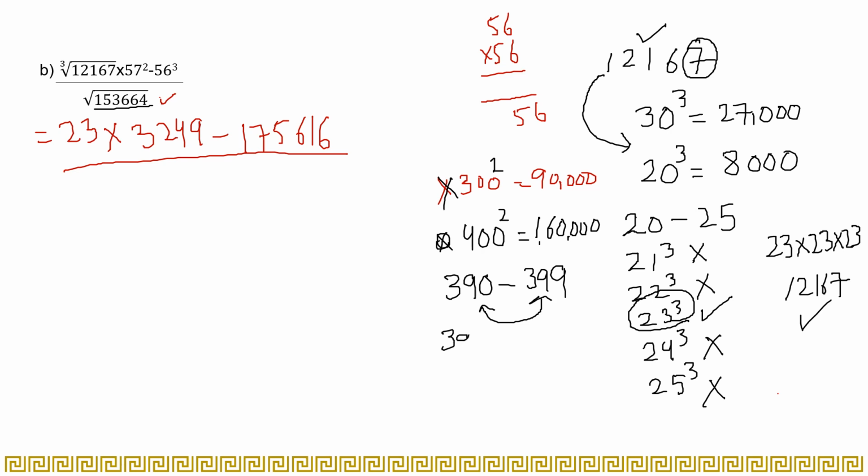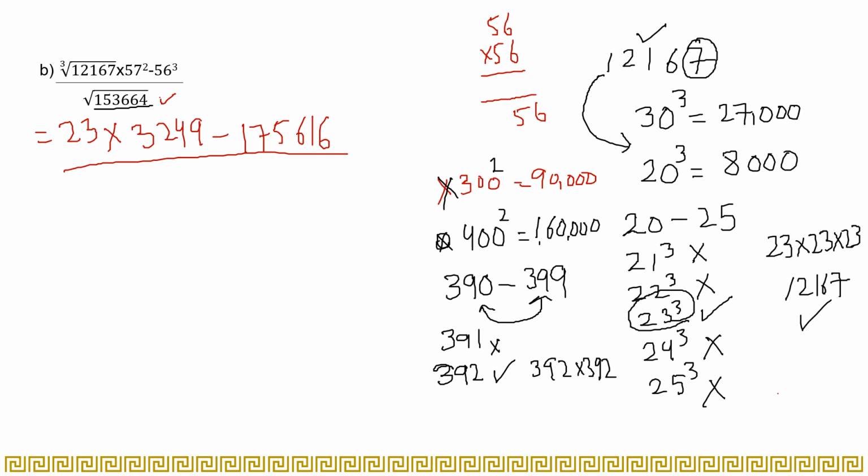What about 391? It's not a good choice. What about 392? 2 times 2 is 4. It's a good choice. You can multiply it and check. And of course, when you multiply 392 two times, 392 multiplied by 392, when I checked it, it gave me exactly this number.